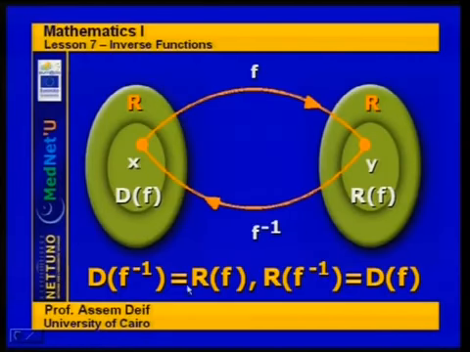So in other words, this applies always. The domain of f minus 1 must be equal to the range of f, whereas the range of f minus 1 is equal to the domain of f.